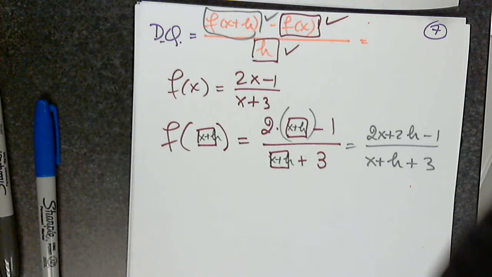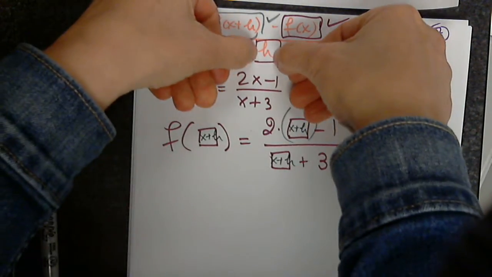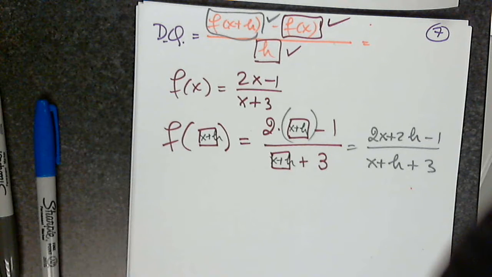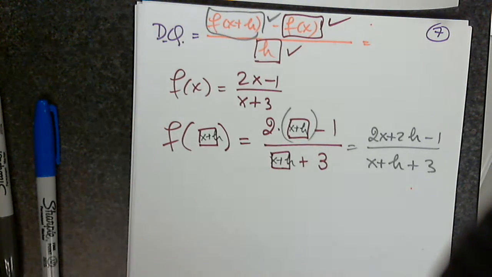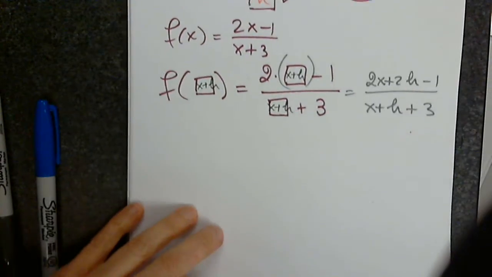That's fine. But if the h in the denominator does not go away with the factor from the top in all difference quotients forever, then something is wrong. So this piece must go away with something from the top on all functions forever whenever you determine the difference quotient. Ready? So now let's put everything together and see what happens.